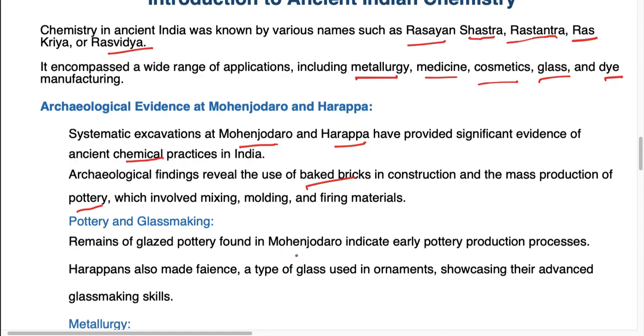Harappans also made faience, a type of glass used in ornaments, showcasing their advanced glass making skill. What is faience showing? Faience shows their advanced glass making skill.